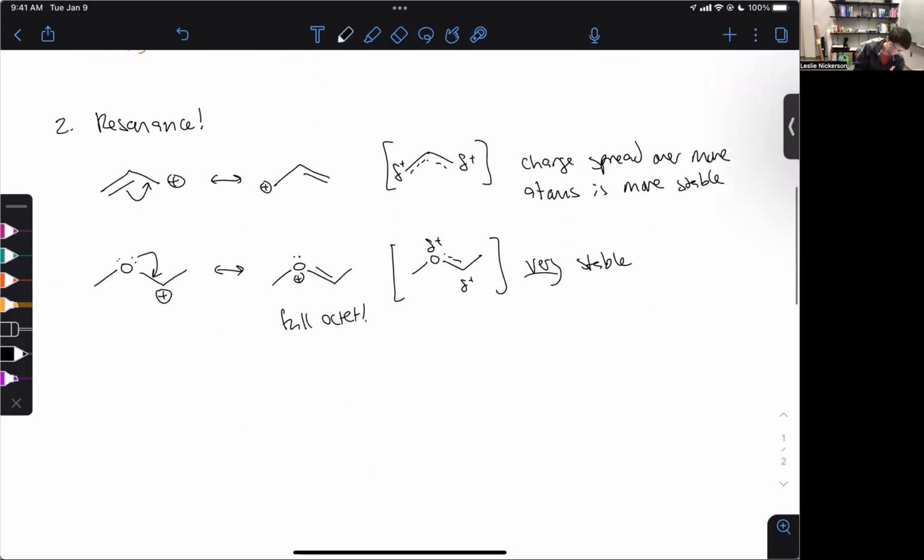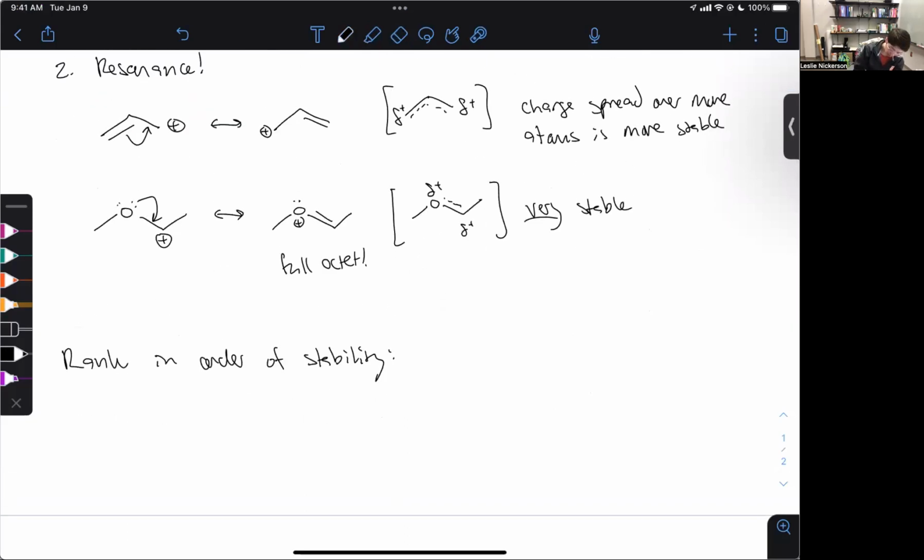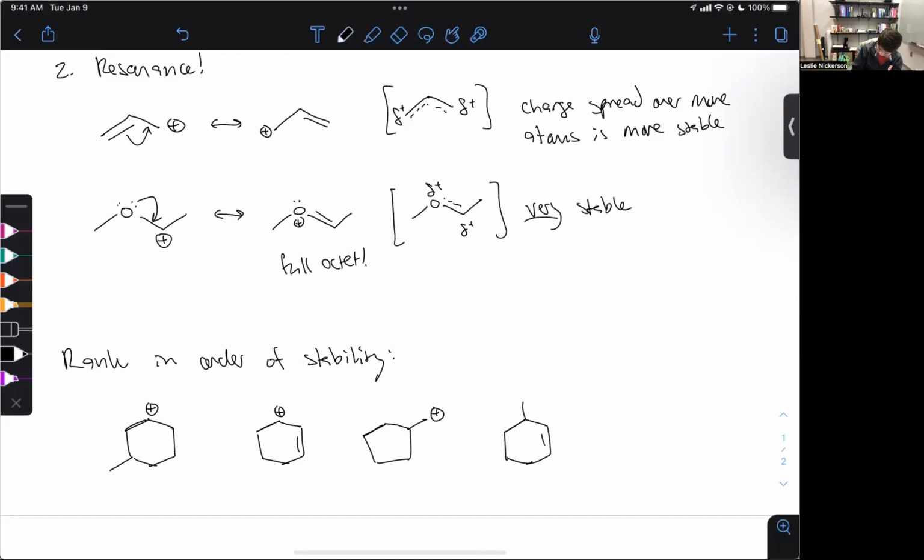So let's do one little example here. We're just going to rank a few things. We're going to look at this carbocation, that one, and our final one.